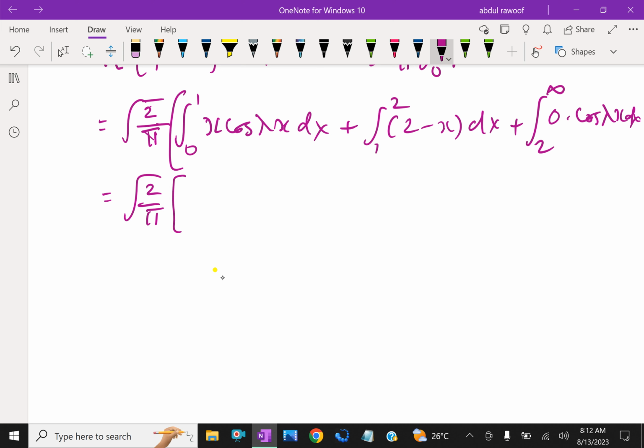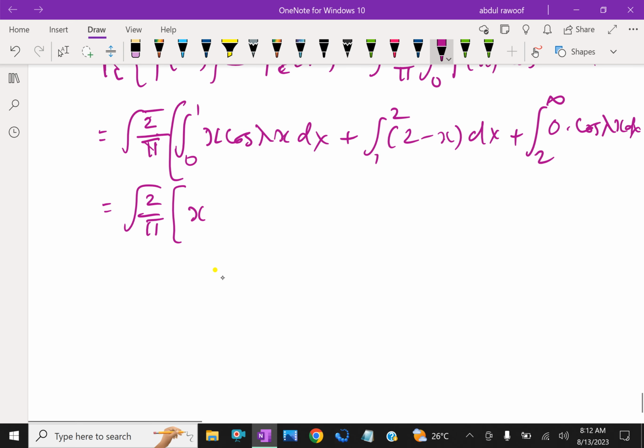Look at here. Then the integral of x cos lambda x dx is x sin lambda x by lambda. This is a uv function.